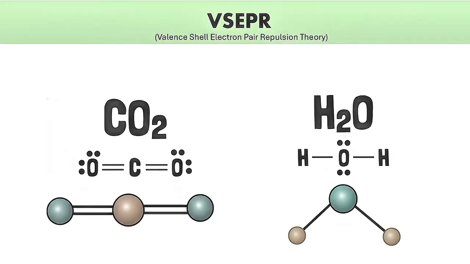Now, since we're talking about shapes, let's talk about the theory. VSEPR, or valence shell electron pair repulsion theory, is the one responsible for predicting the shape of molecules. How do we determine the shape of molecules using this? We are predicting the shape of molecules based on how the electrons are pushing away each other. So just think of them as couples that want their space, and they don't want other couples moving closer to their space.